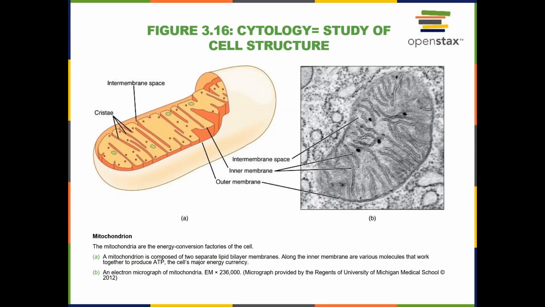With our light microscopes, we won't be able to see anything more than about 1,000 times magnification. And so we won't be able to see this much detail with light microscopes. However, we will study some basic cytology and we'll study lots of histology using the light microscopes in the laboratory.